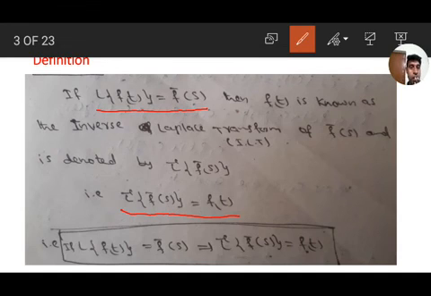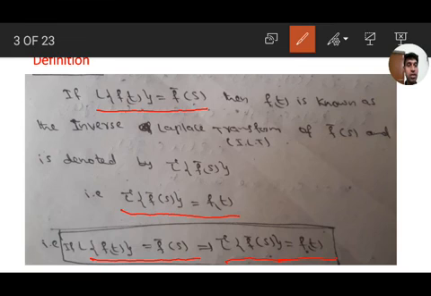That is, L of f of t equals f bar s implies L inverse of f bar s equals f of t, reversed. F bar s is a Laplace transform, and f of t is the inverse Laplace transform of f bar s.